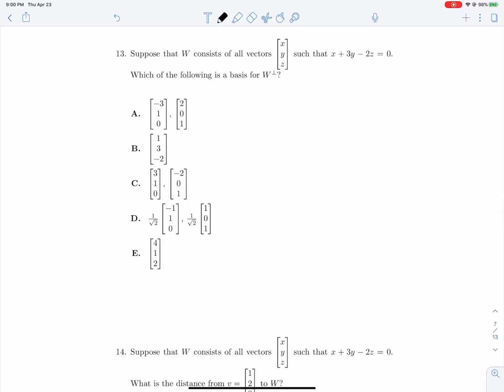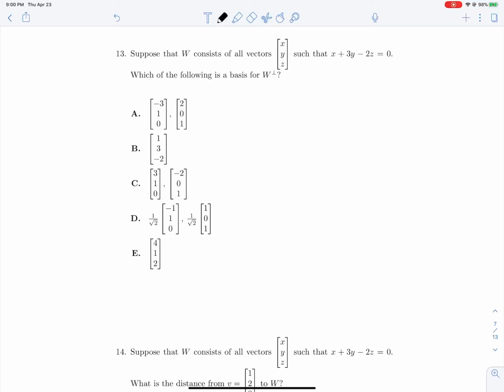Suppose that W consists of all vectors such that x plus 3y minus 2z is equal to 0. Which of the following forms a basis for the orthogonal complement of W? So this one is very easy if you remember anything from Calc 3, because we know that a plane is defined by its normal vector, which is the vector that forms a 90-degree angle with that plane, so it's orthogonal to the plane.